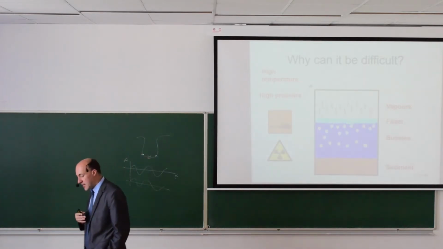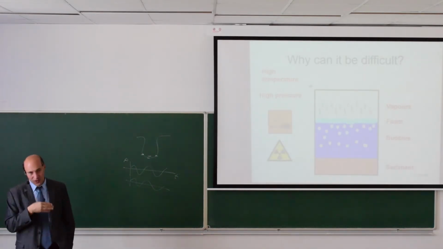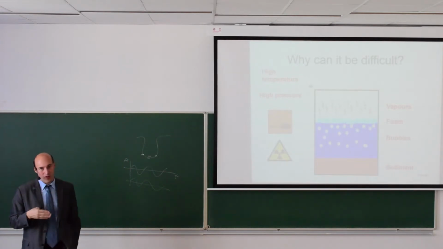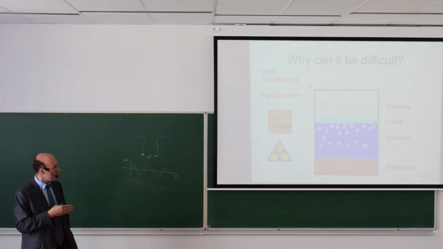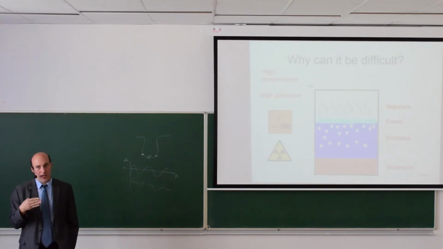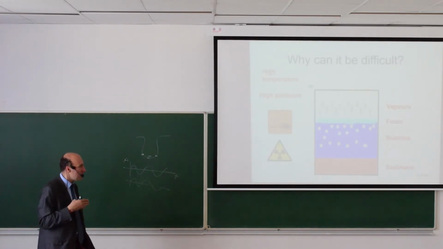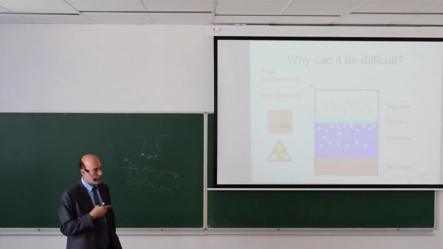So we will see that it seems very easy to measure a liquid level, but if you have all this combined and you want the sensor to work for the next 50 years, then it may be impossible to do.